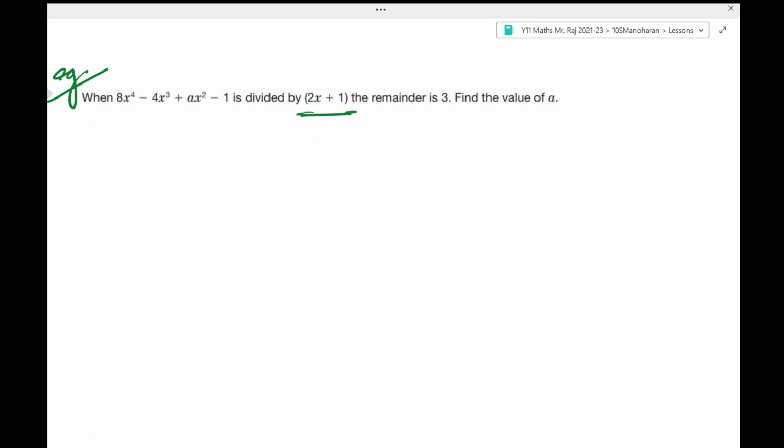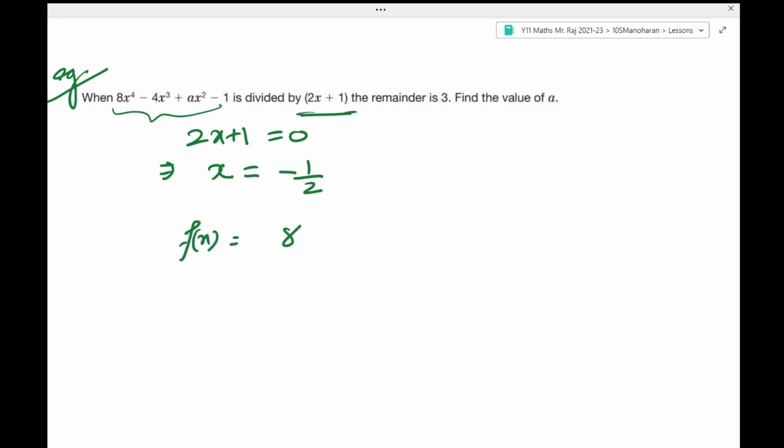Now, if I take 2x plus 1 and equate it to 0, for what value of x is it equal to 0? Negative half. And if I take this negative half and plug it back into this polynomial, it should be equal to 3, using the remainder theorem. So let's say f(x) is equal to 8x to the power 4 minus 4x cubed plus ax squared minus 1.